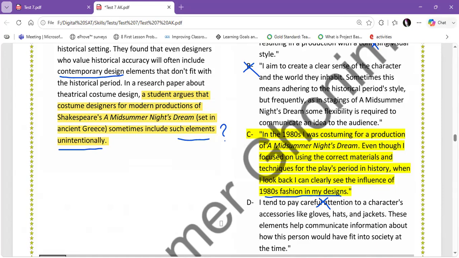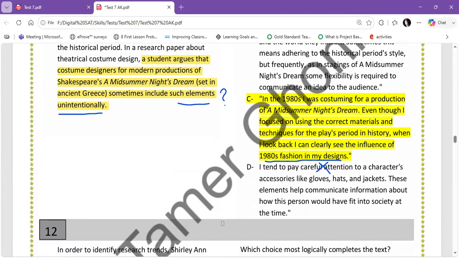She found unintentionally after the casting that there is an effect of 1980s fashion in her design. So this may be the right answer because she confessed that unintentionally after the casting she found out. That's C.